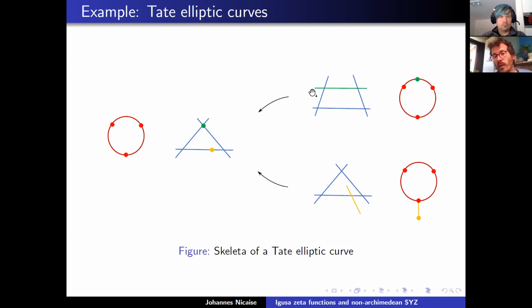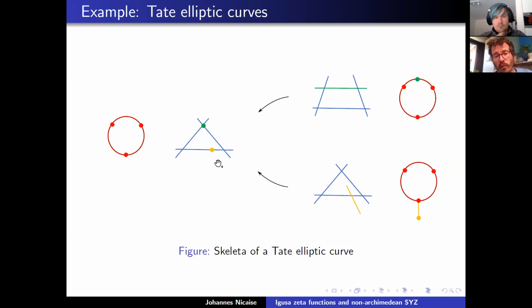The only thing we've done is adding an additional vertex, the green vertex here, which lies in the middle of the 2 red vertices corresponding to the components containing our green point. So the first type of blowup induces a subdivision of the dual intersection complex. We add a vertex, but we don't change the topology.